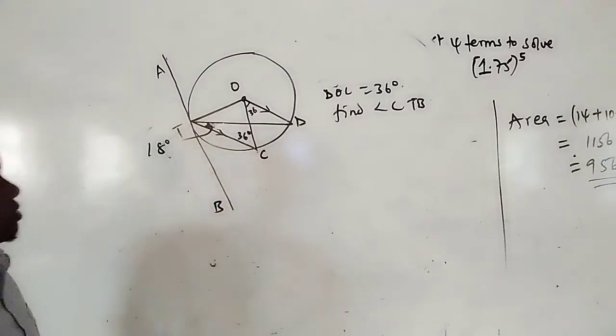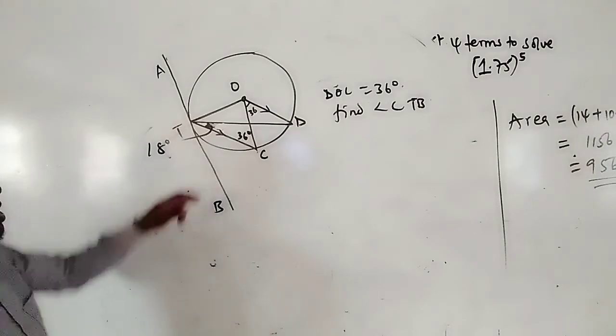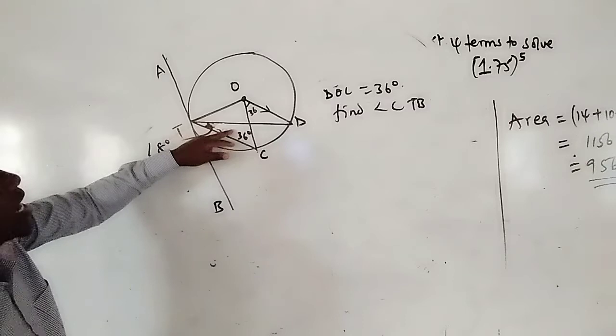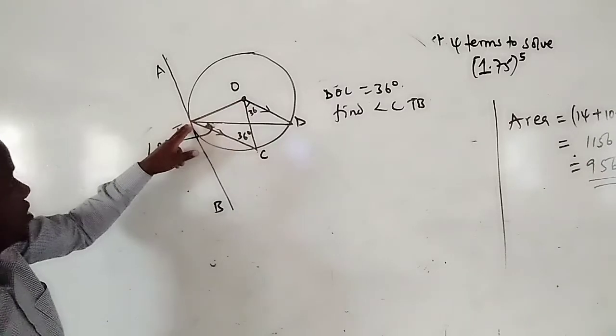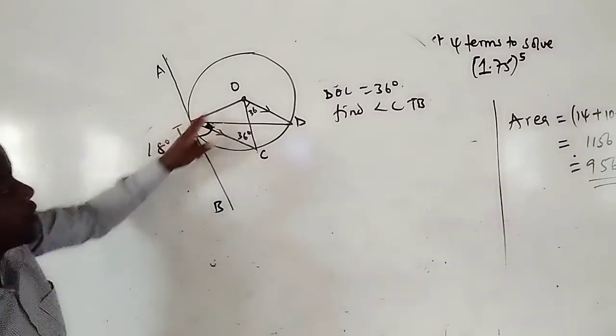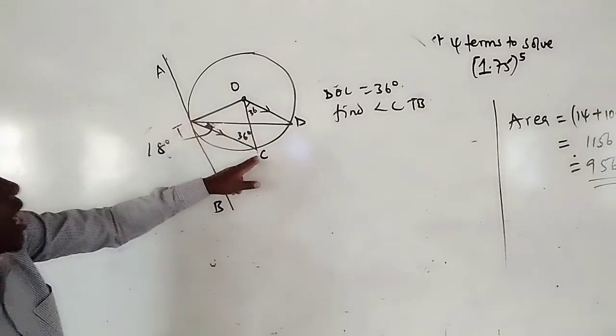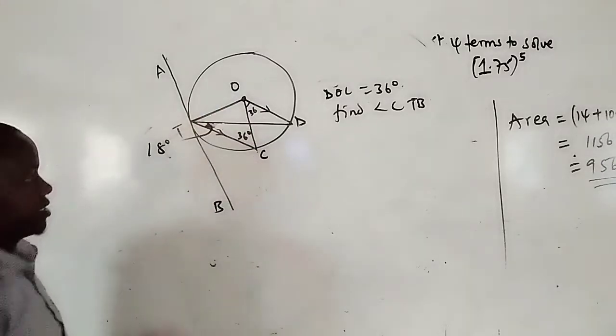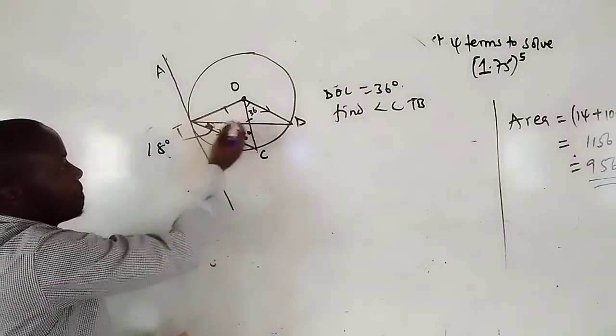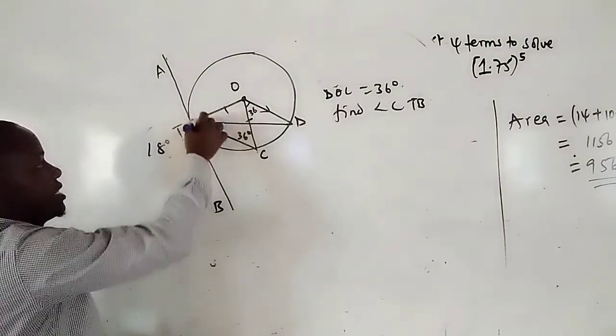Now that this is 36 and OT together with OC are radii, they are equal, meaning that this angle here is 36.